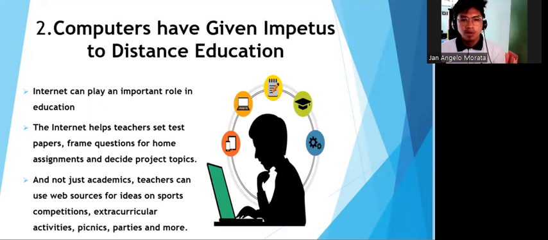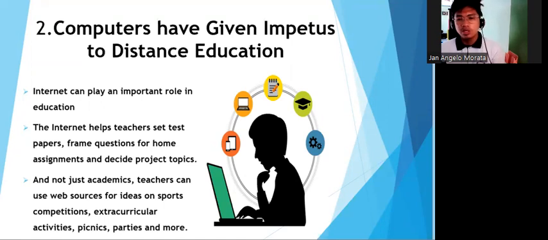Okay? And we have these websites kung saan pwede tayong karoon ng mga activities. We have the Mentimeter, kung saan pwede tayong magpa-games, sa quizzes, and marami pang iba. And not just academics. Teachers can use web sources for ideas on sports, competition, extracurricular activities, picnics, parties, and more.